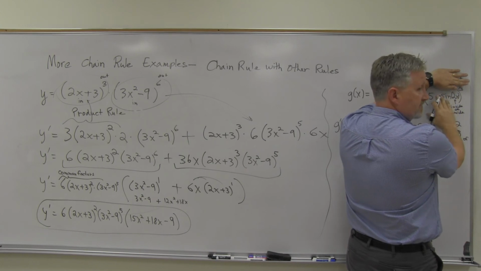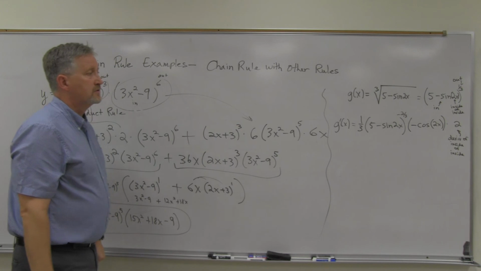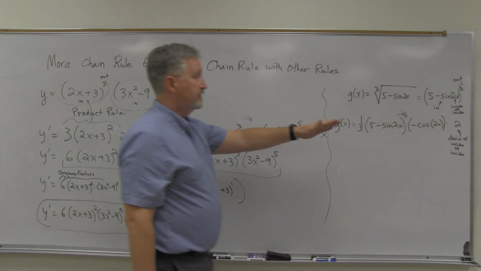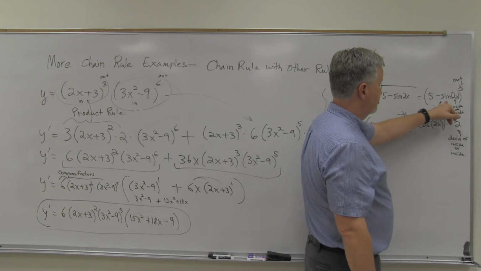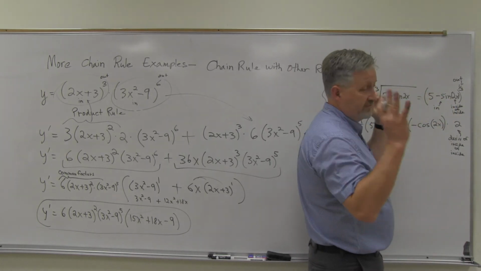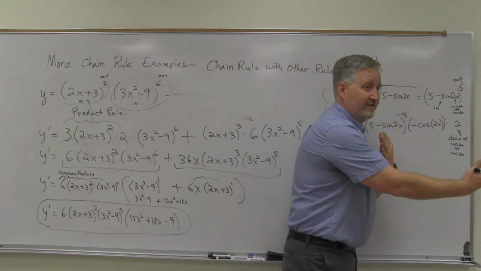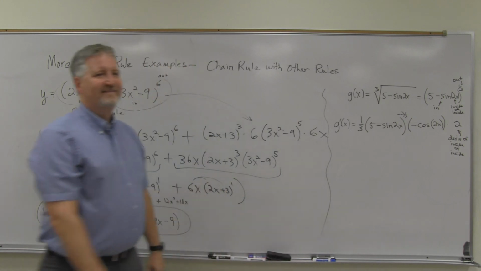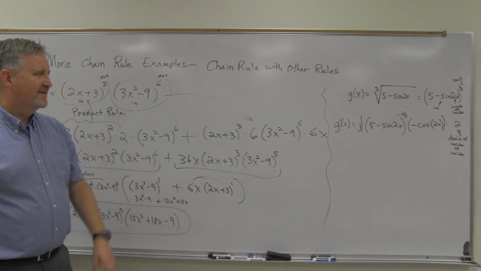It has an outside and inside. That's what I'm saying. Does that make sense? Where I got the 2 here. Yeah, I got that minus cosine because I'm doing the derivative of the sine, which is technically what I'm calling the inside. But I have that inside of the inside, so you have to do that as a separate derivative. Yes? Make sense? A little bit?